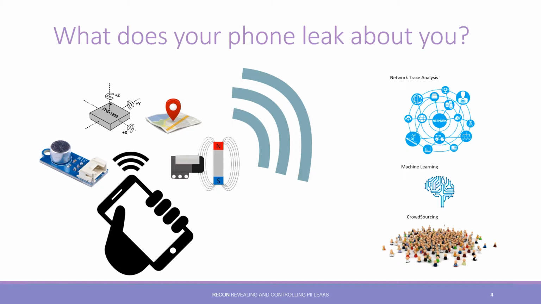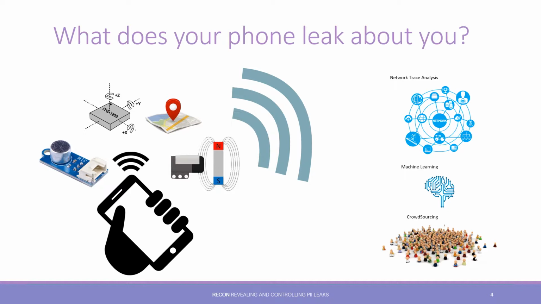The way that we identify those leaks is using machine learning. So instead of asking users to tell us what their personal information is, we train classifiers that reliably predict when personal information is likely to be leaking in network traffic, then identify what that information is, and then provide that to users.